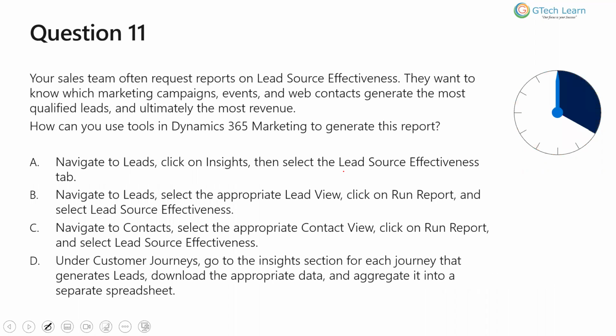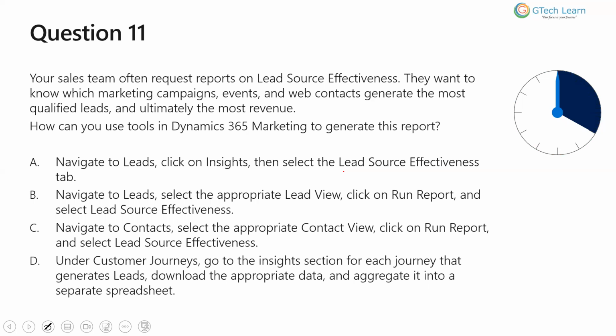The next question we are having in line is, your sales team often requests reports on lead source effectiveness. They want to know which marketing campaigns, events, and web contacts generate the most qualified leads and ultimately the most revenue. How can you use the tools in Dynamics 365 Marketing to generate this report? Option A, navigate to the lead, click on the insights, and then select the lead source effectiveness tab.